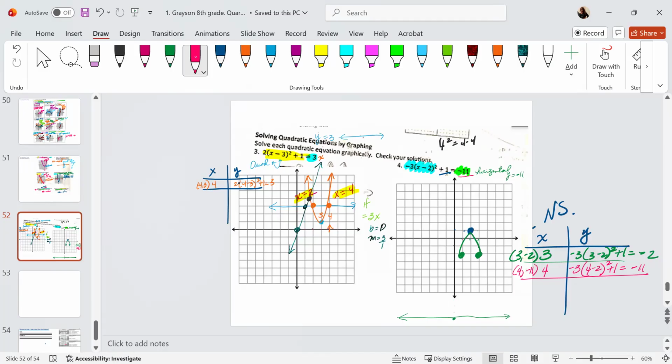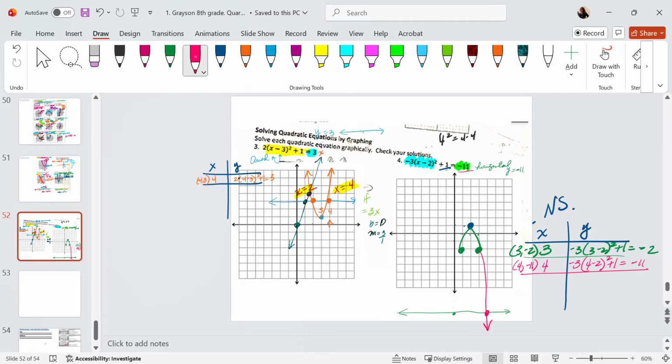Do you see that? So 1, 2, 3, 4. It's going to be all the way right here. Do you see that? Which means over here, it's going to be all the way over here too. So you have your answer, correct? And that's x equals, this is 1, 2, 3, 4, correct? That's your first one. And what's this one?